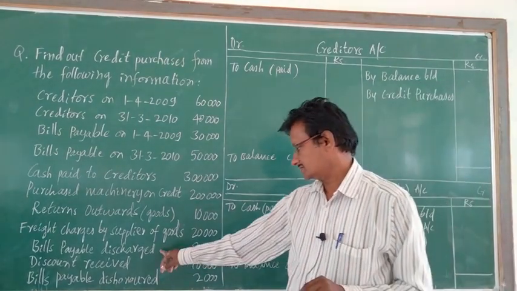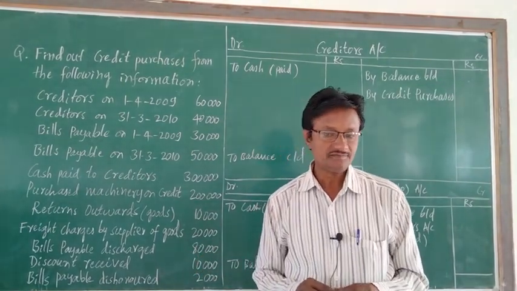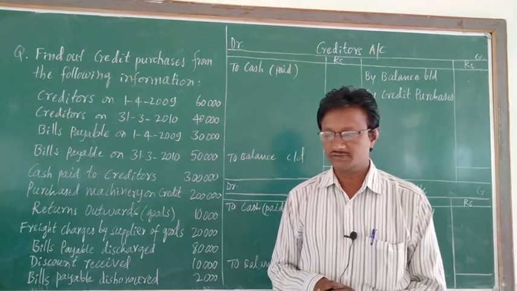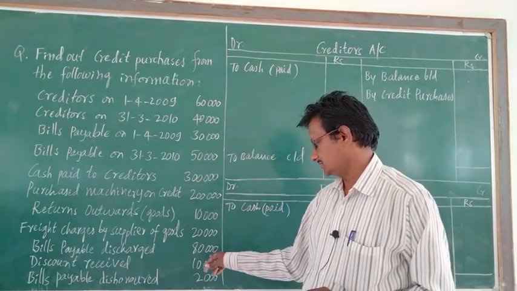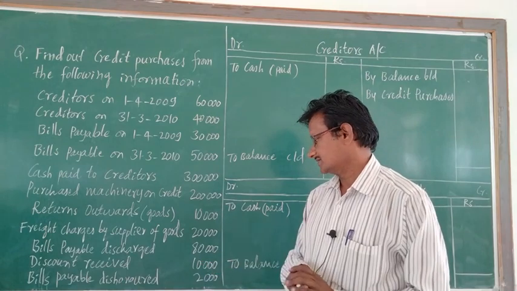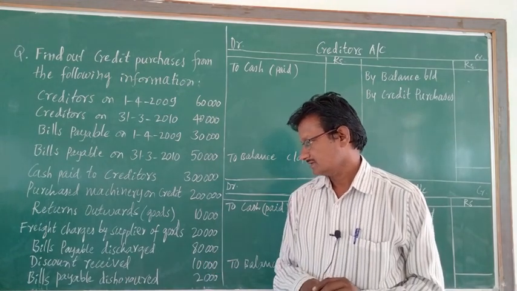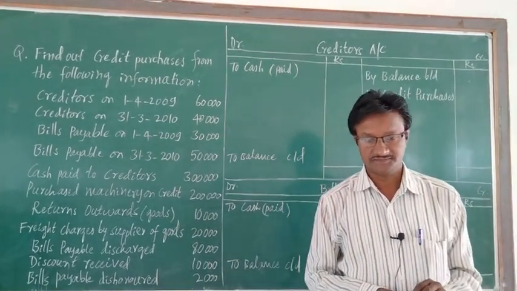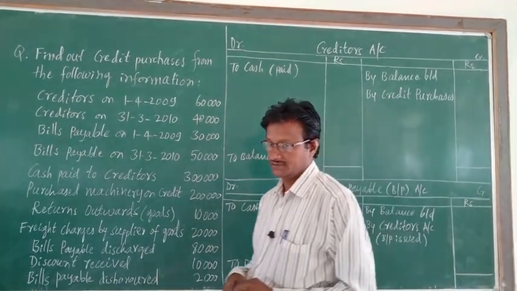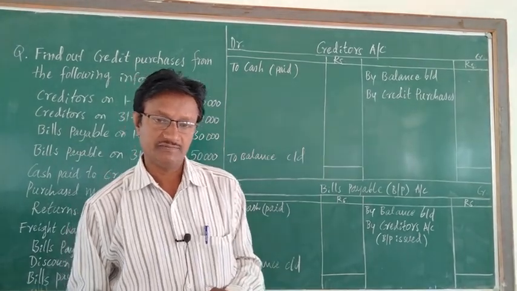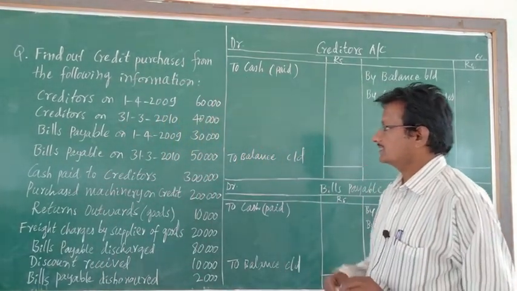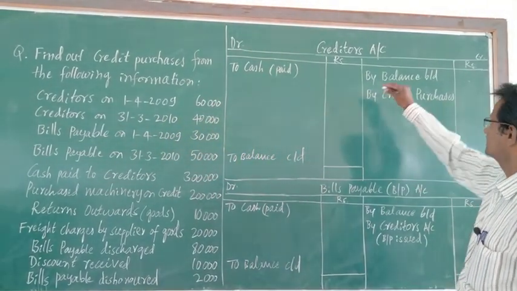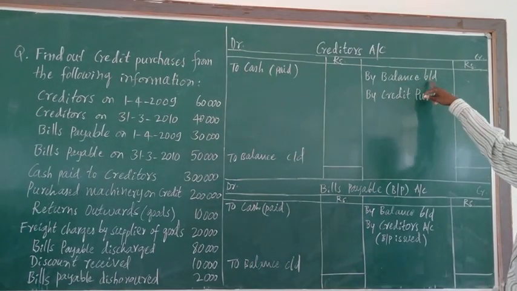Bills payable discharged 80,000 means cash paid against maturity of bills. Next, discount received is 10,000, and the last item is bills payable dishonored 2,000. These are the items given, so let us make entry one by one. First item is creditors, that is opening balance of creditors 60,000.